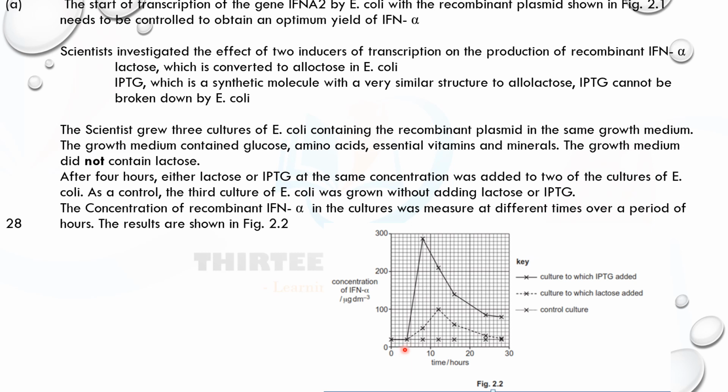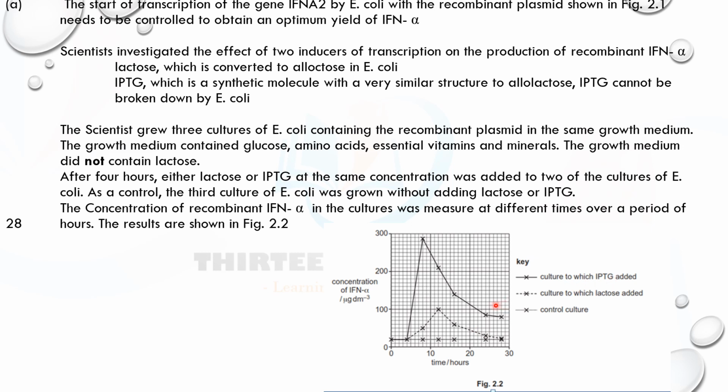Is that okay? So you have to look at the general trend. This is the culture to which IPTG was added, and the culture to which lactose was added. Okay, control. In the control, the concentration of this IFN alpha remained constant, while that of lactose increased and then decreased.